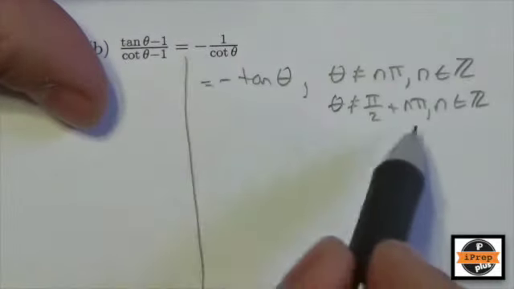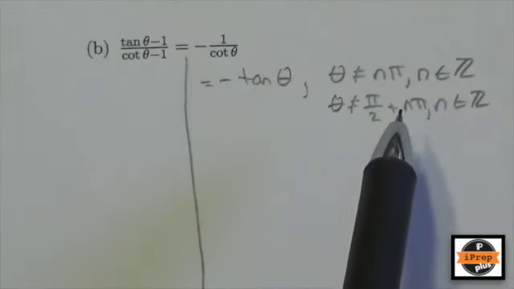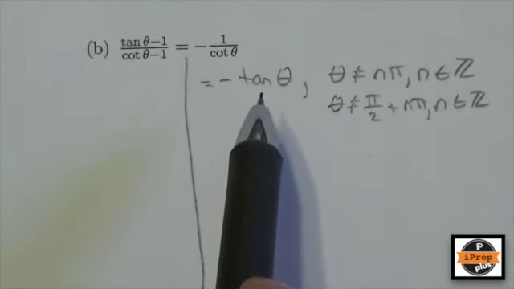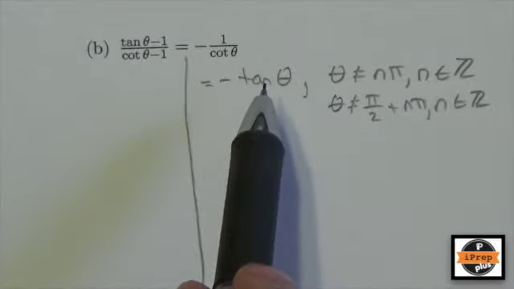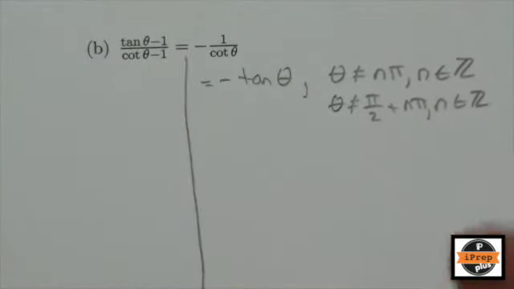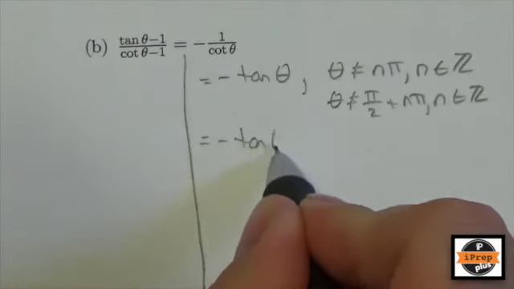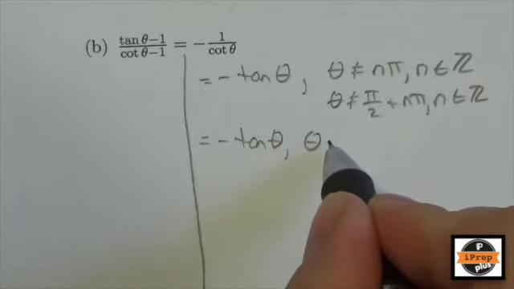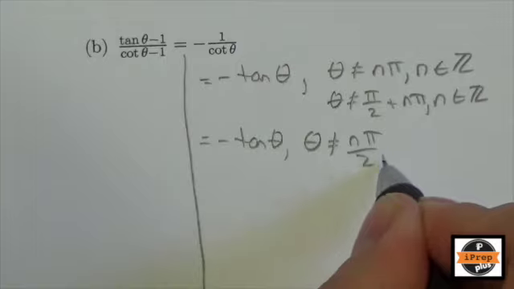It goes to 0 when it's pi over 2. Now, you'll notice here that just because of the way this works, I've also got the restriction for tangent implied in there, because tangent is undefined at that pi over 2 plus n pi here. But putting those together, I could simplify that by simply saying theta cannot equal multiples of pi over 2.